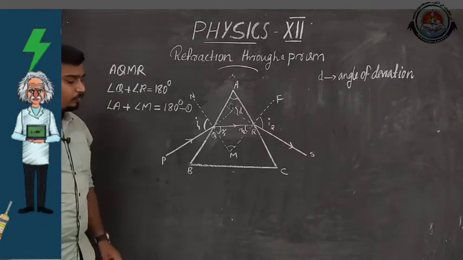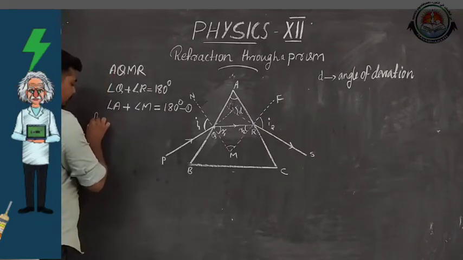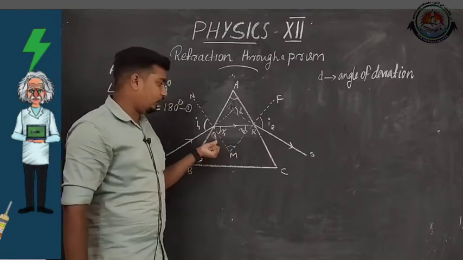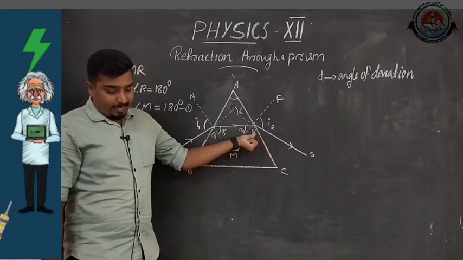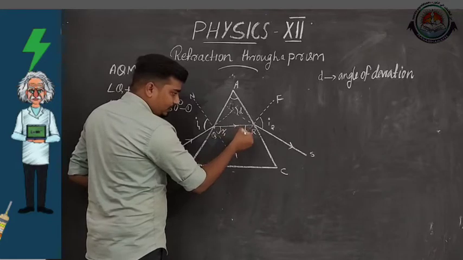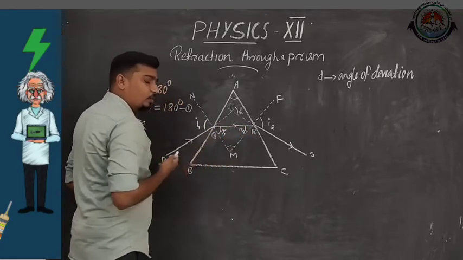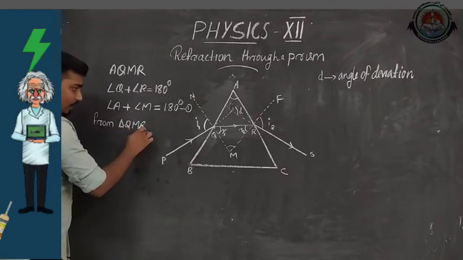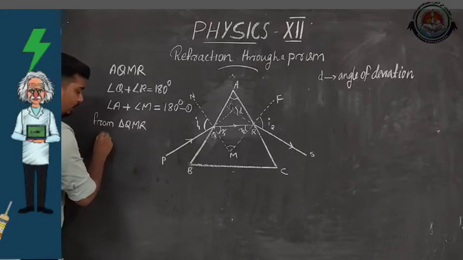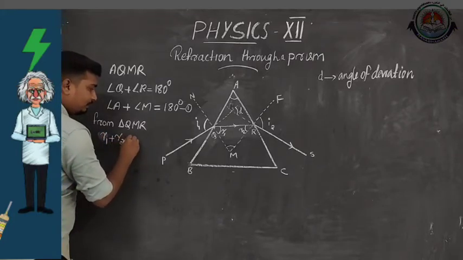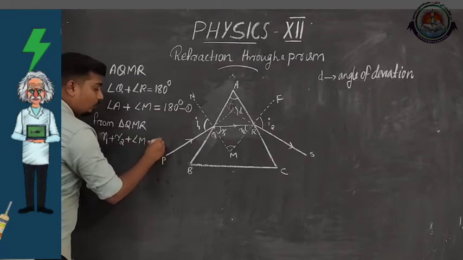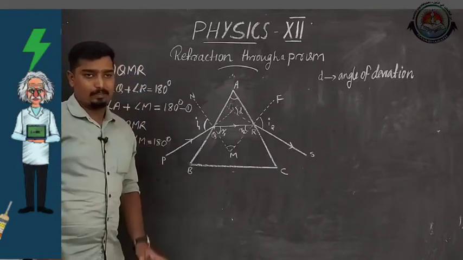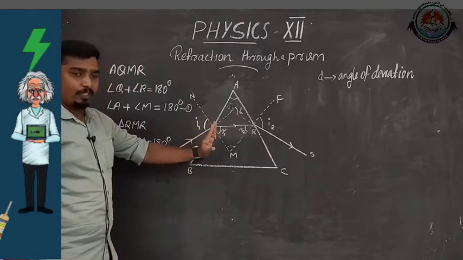Then let us consider the triangle QMR. From this triangle, R1 plus R2 plus angle M equals 180, since the sum of angles of a triangle is 180.